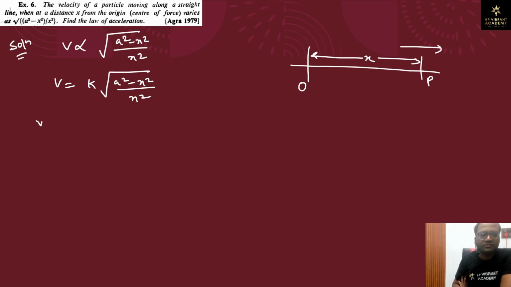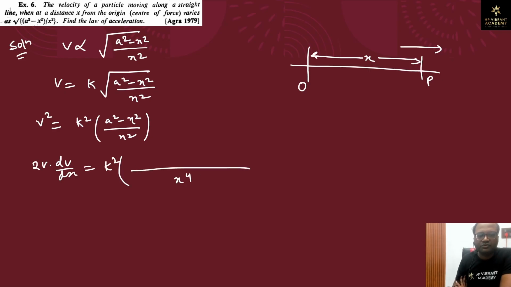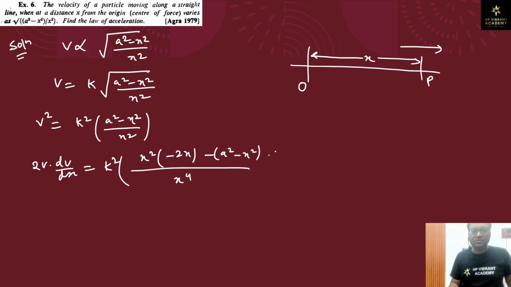So let us square this. So we have v square is equal to k square into a square minus x square upon x square. So let us differentiate with respect to x. So 2v into dv upon dx is equal to k square into, upon x4, x square into differentiation of a square minus x square, this is minus 2x, minus of a square minus x square into differentiation of x square, 2x.